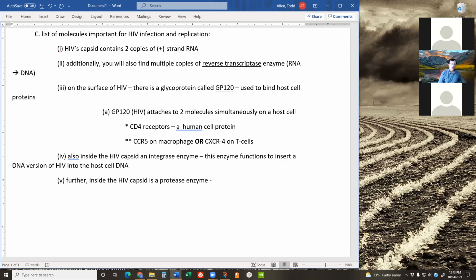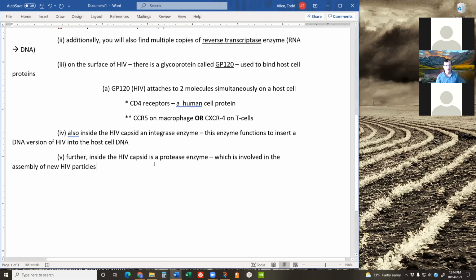So the HIV capsid contains a protease enzyme, which is involved in the assembly of new HIV particles. We have a protease enzyme here. We have an integrase enzyme here.